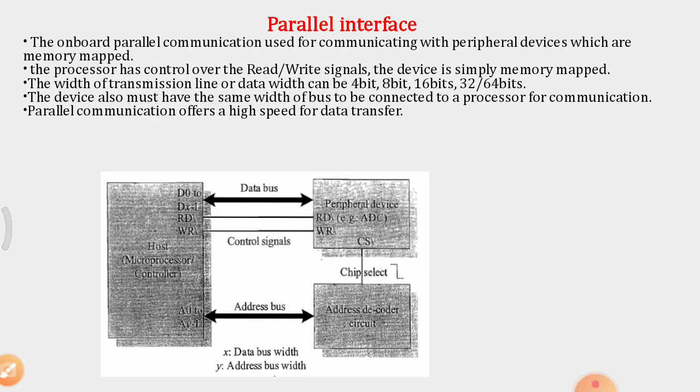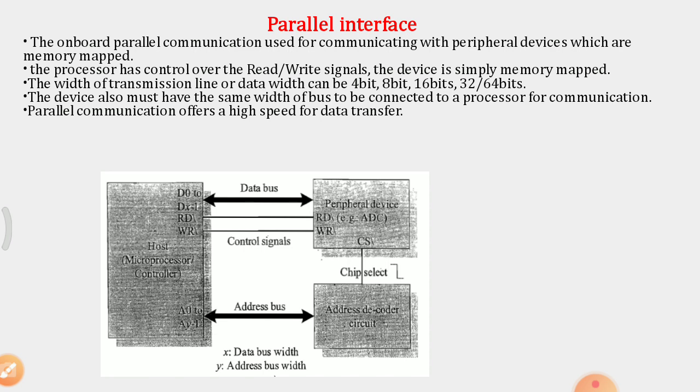Parallel interface is onboard parallel communication used for communicating with peripheral devices which are memory mapped. Basically, parallel interfacing is used for accessing memory devices from the processor or controller. In the figure we can see a peripheral device called ADC, which is connected to the microcontroller through a data bus.